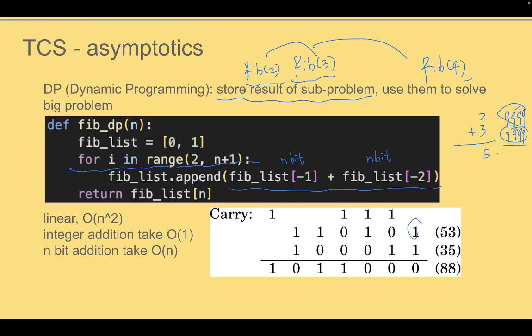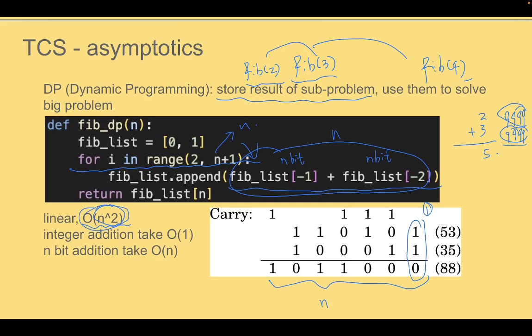And 1-bit addition takes 1 computer step, and n bits is n computer steps in total. So this addition is not 1 computer step, it's actually n computer steps. And the for loop runs this addition n times, so in total it's n squared computer steps. And this is a polynomial, and we call it polynomial time. Okay, so the runtime is polynomial.